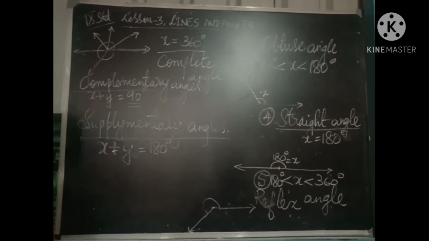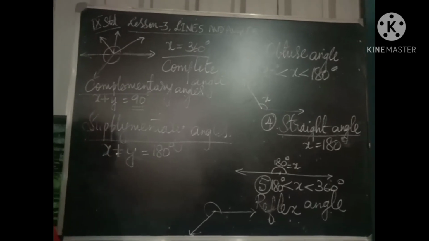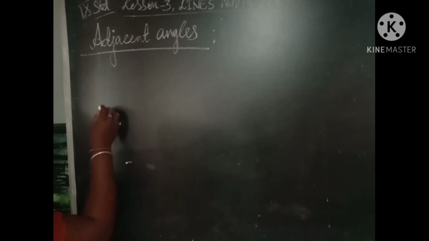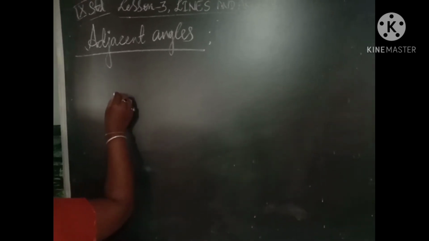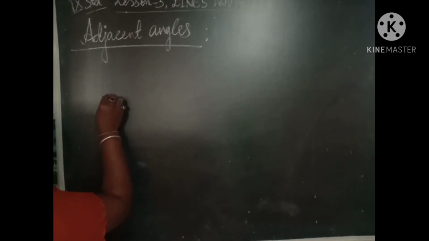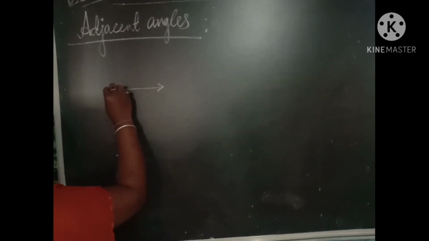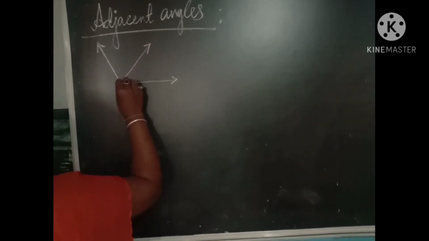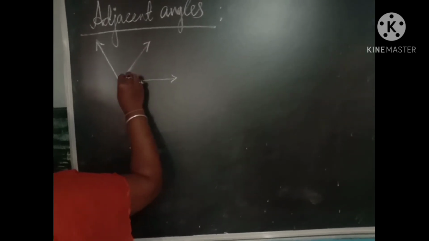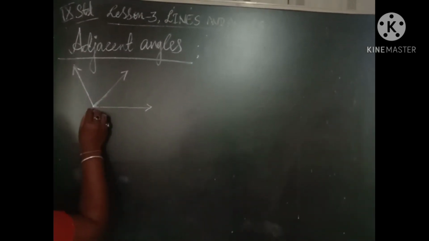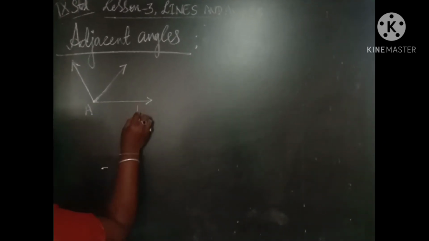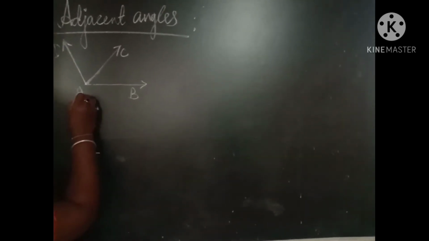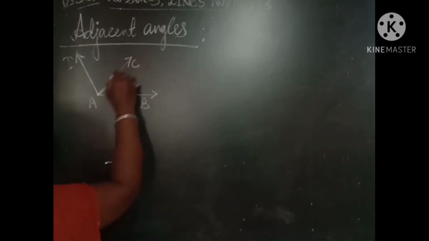Now let us see what are adjacent angles. Adjacent angles are angles which have a common arm. Just observe this one. This is a common arm for the angles. Let us call the points A, B, C and D. AC is called the common arm.